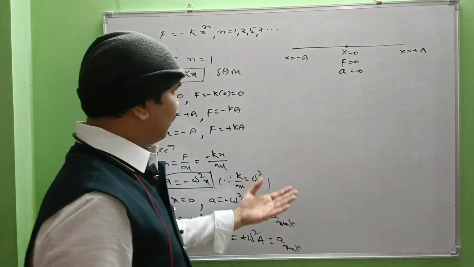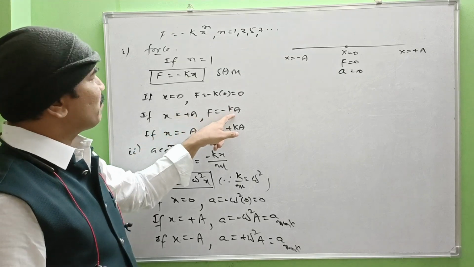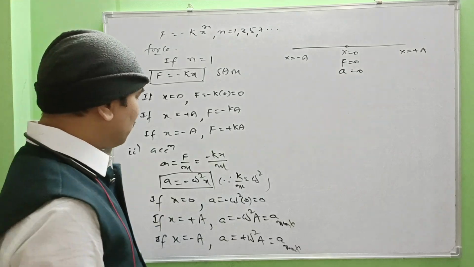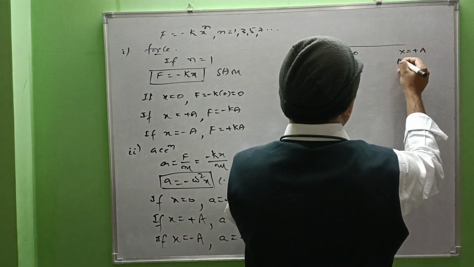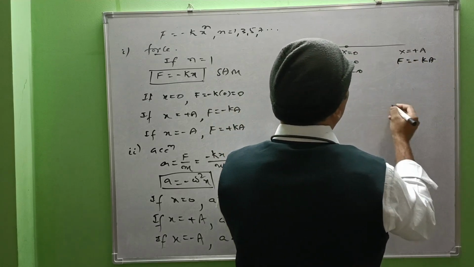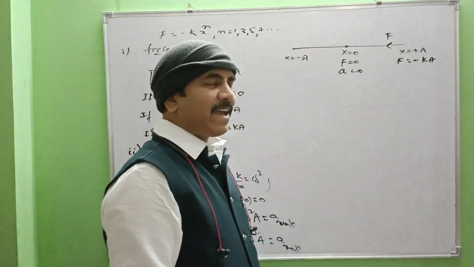In the same way, when x equal to plus a, force becomes minus k a and acceleration becomes minus omega square into a. Force equal to minus k a; minus means this is the direction of force, towards the negative x-axis.